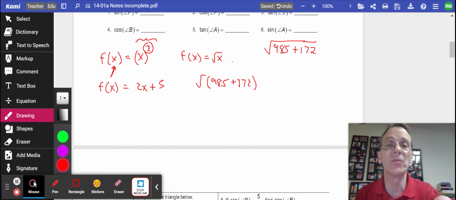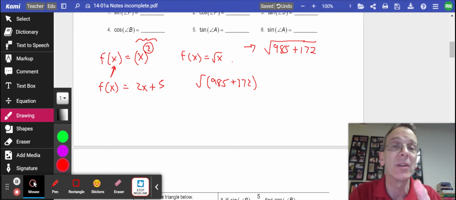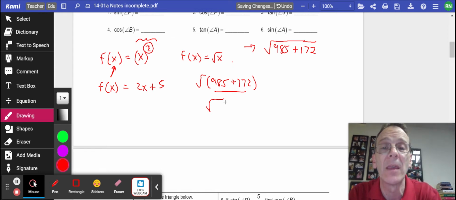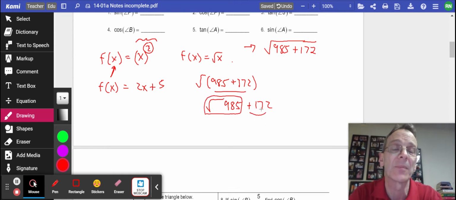Now the calculator will do exactly this for you. If the calculator didn't put that parenthesis up and you didn't know that you needed to put this in parentheses, if it just put up a square root symbol and you put in 985 plus 172, what the calculator would do is it would take the square root of 985 first, then it would do the adding.